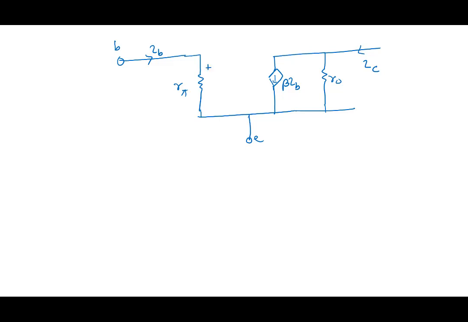Suppose I write this as V pi. Do you see from here that IB is V pi by R pi? Correct? IB is V pi by R pi.